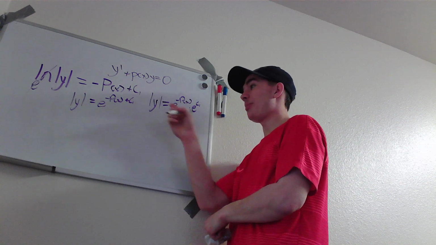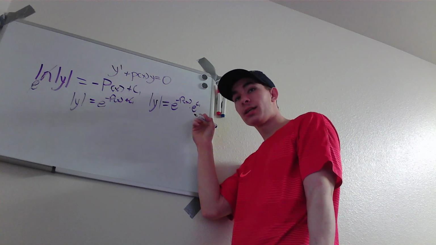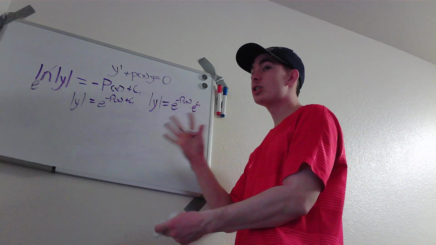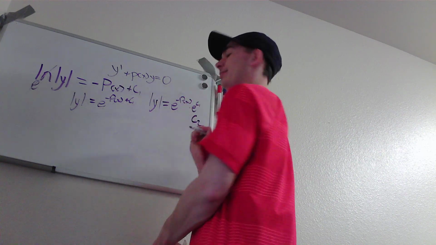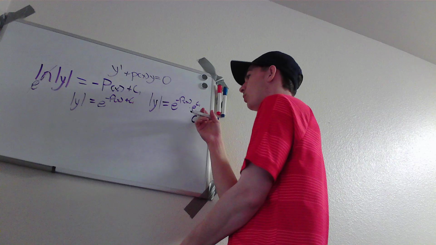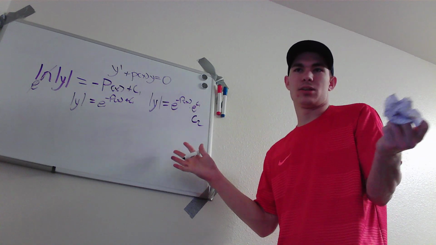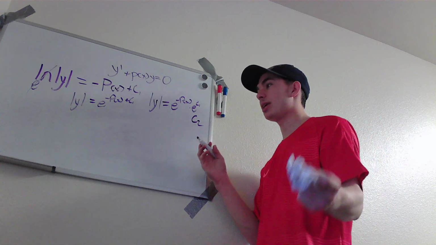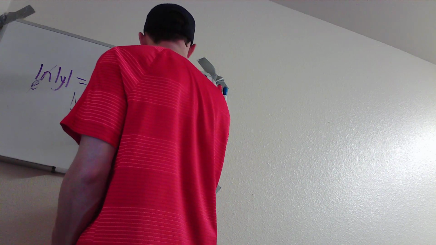And then e to the c1 can just be written as c2, because this is just a constant. We can make c1 whatever we want it to be, so it doesn't matter, it's just another constant. So then we get the absolute value of y is equal to c2 e to the negative P of x.